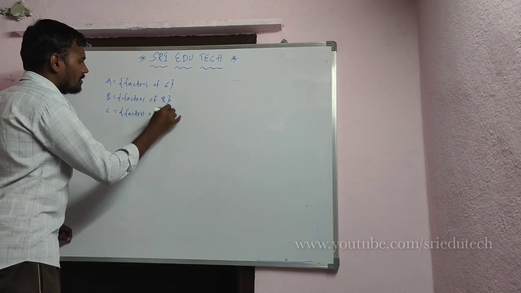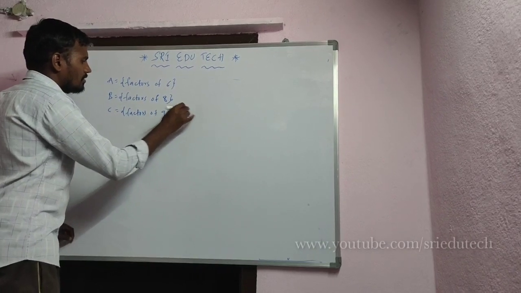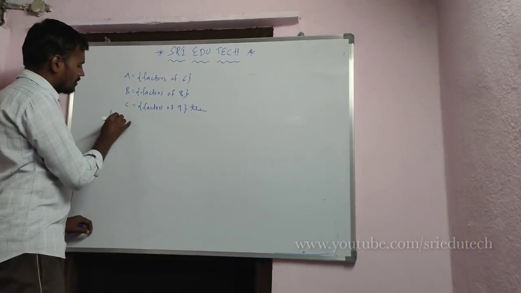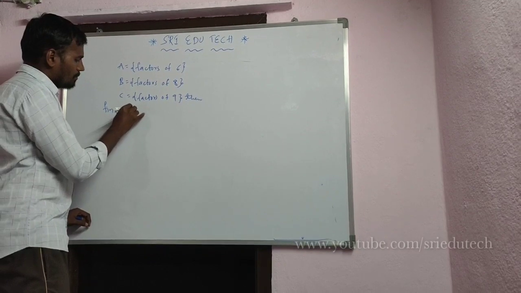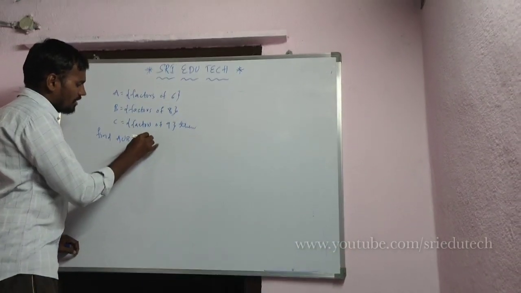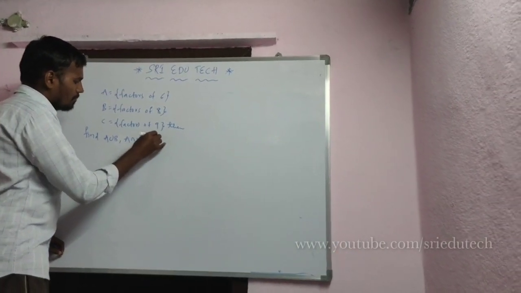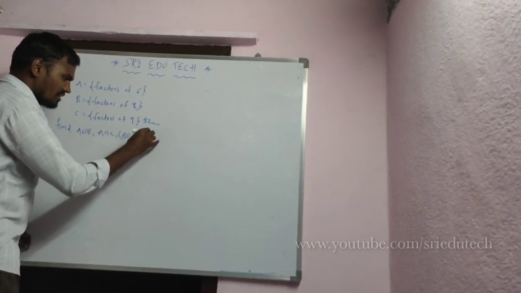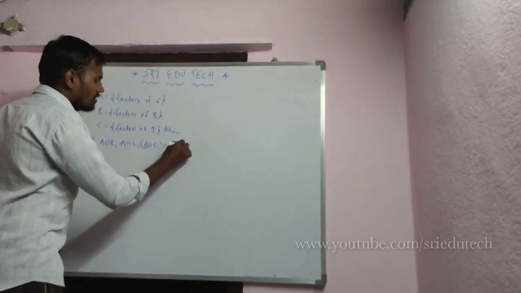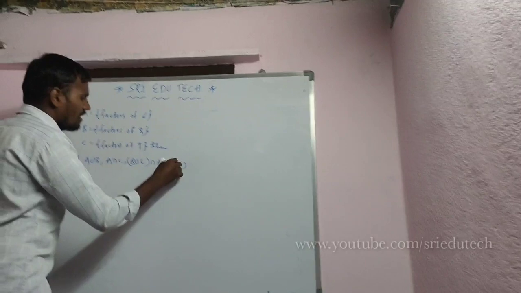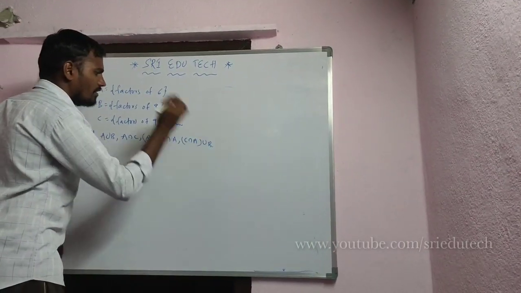Then find A union B, A intersection C, B union C of intersection A, C intersection A of union B.